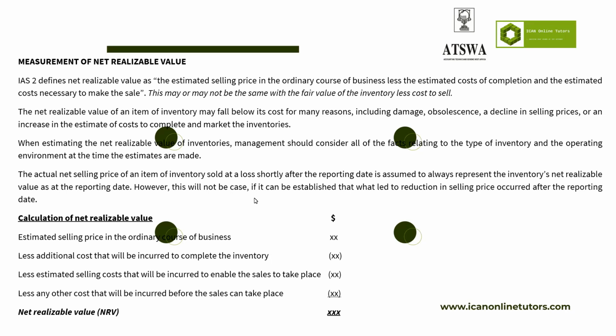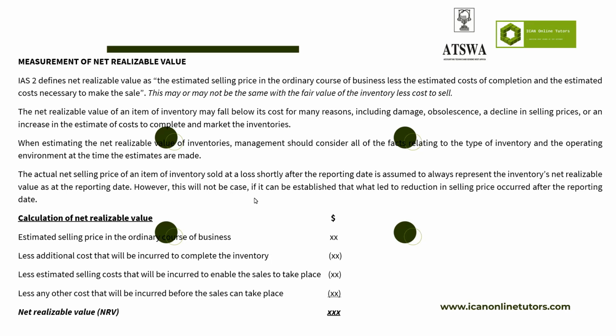Inventory should be measured at the lower of cost and net realizable value. How do I mean? You need to compute your cost, know your figure. You need to compute your NRV, know your figure. Whichever is lower is what we are going to pick as the value of inventory.